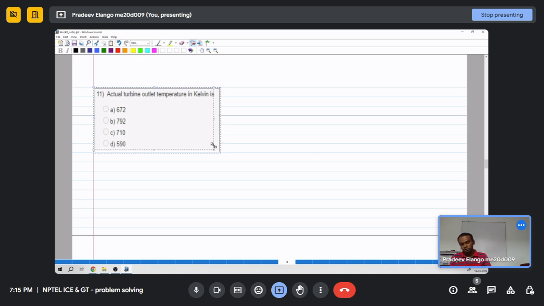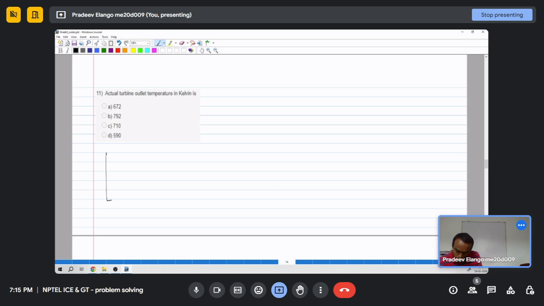Okay. Next one, actual turbine outlet temperature in Kelvin. How do we find? So that would be the same PV diagram. We had compression 1, 2, 3, 4. Turbine outlet temperature is T4, right? T4 is what we need to find. We know T1.